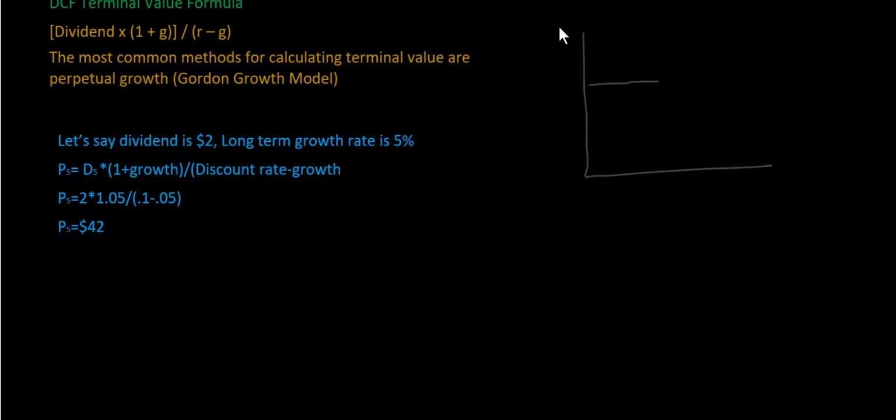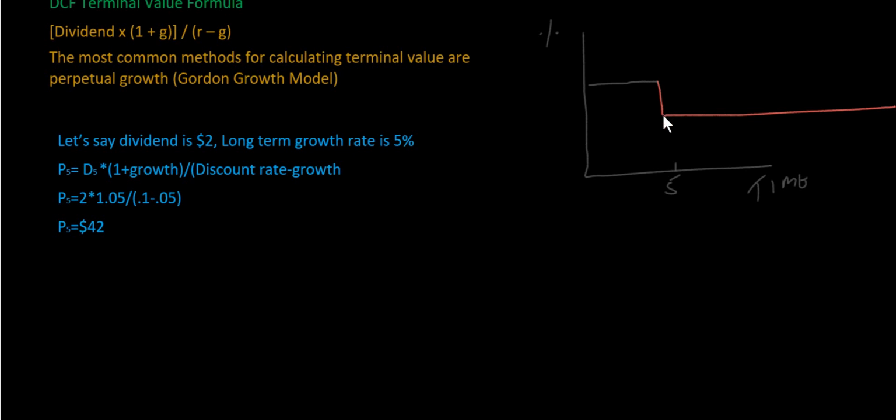Let's say on the y-axis you have the percentage growth, and on the x-axis you have the time. For 5 years the company was growing at a very good rate, maybe 14%, but then the company's growth declined and it became 5% till perpetuity.